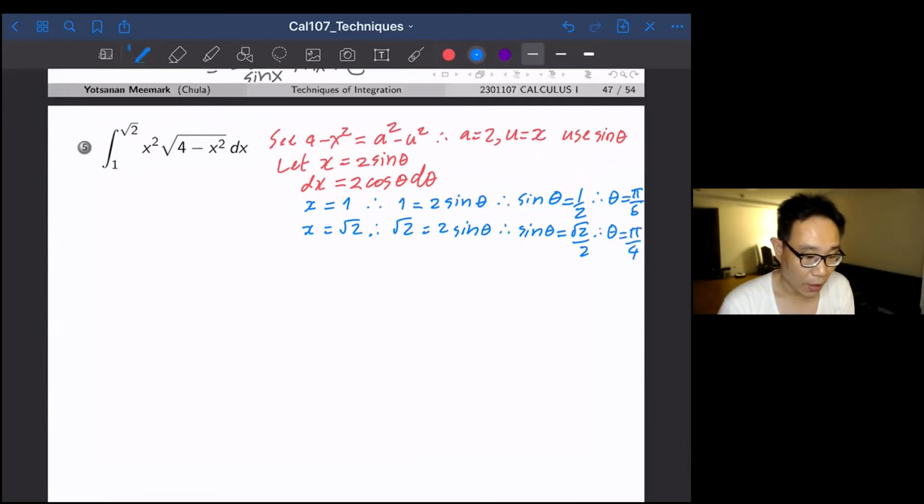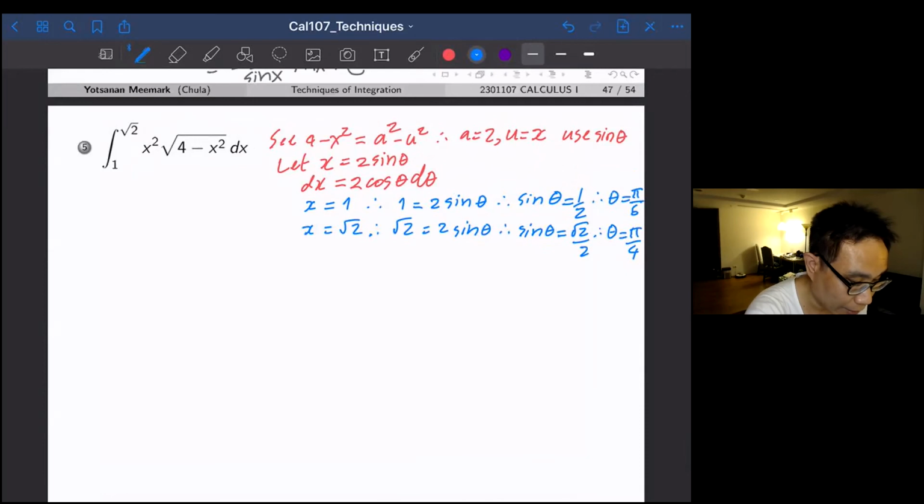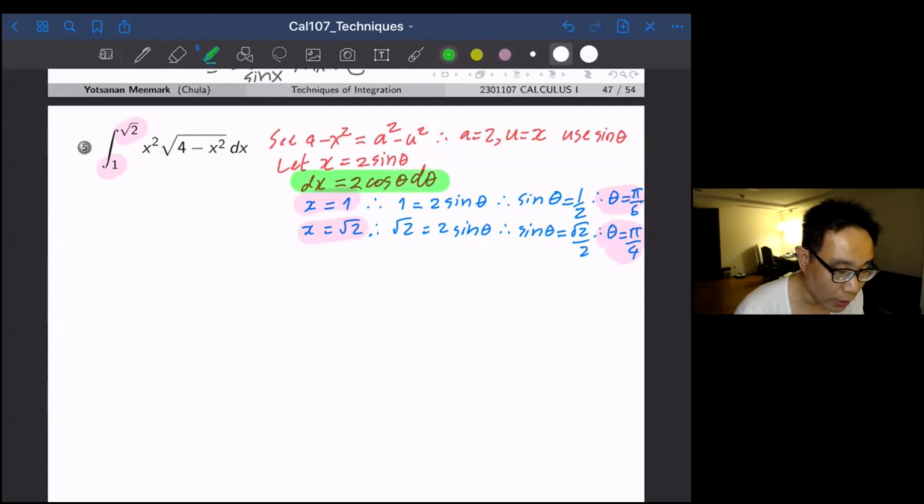Okay, so we're going to substitute using the trig sub. You get these two limits, and you have dx. You also need to find 4 minus x squared.